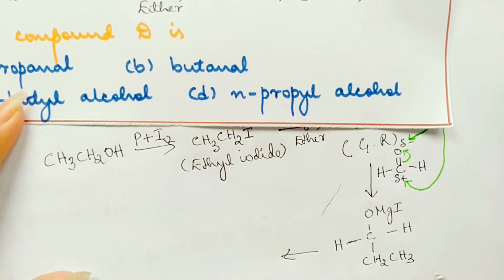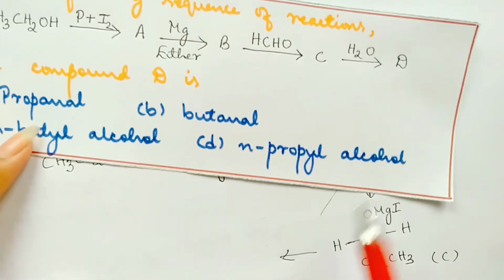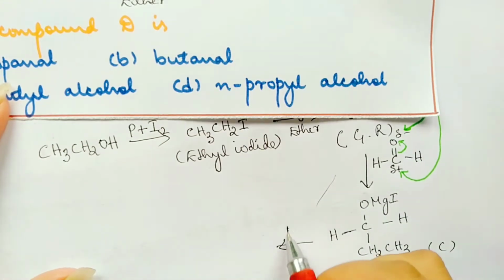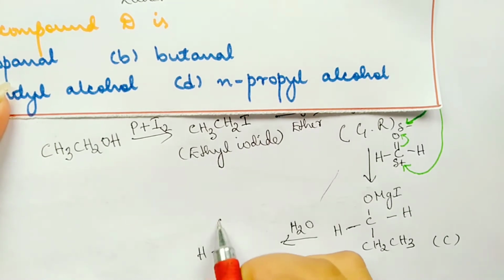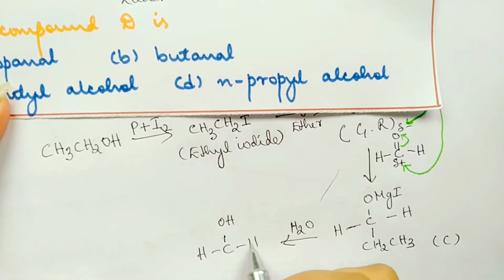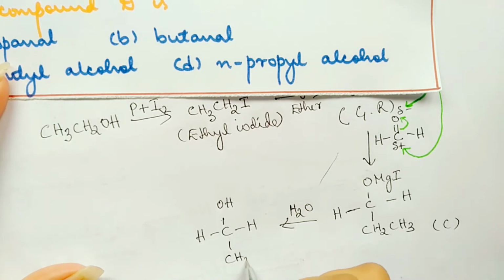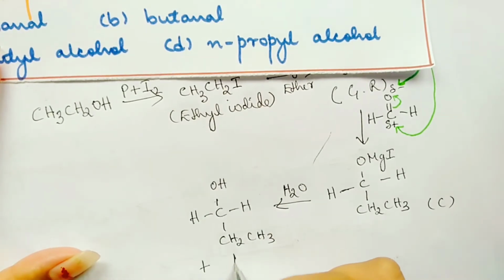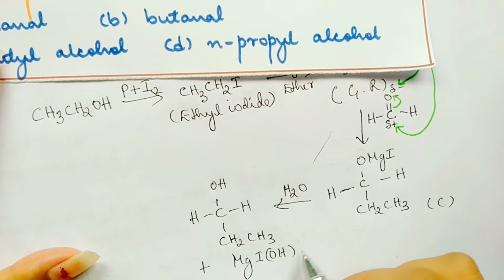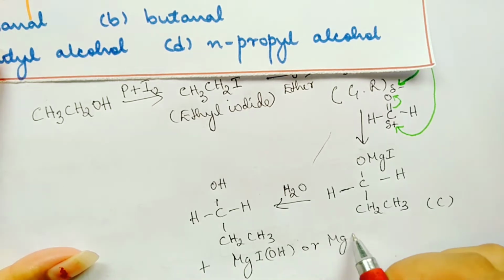Now next, what we do? This is your compound C. Next, we hydrolyze. When we hydrolyze, then what happened? Here we have OH, here H2, CH2, CH3, plus we have MgI(OH), or we can write Mg(OH)I.